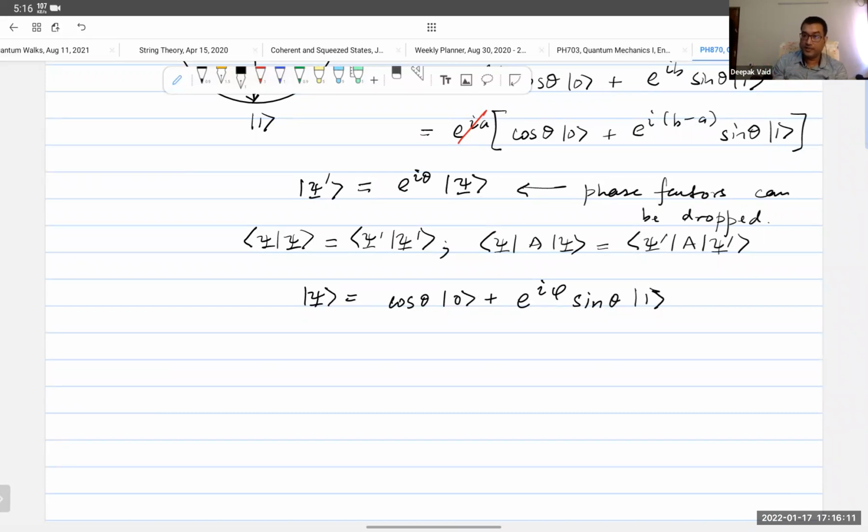You can always normalize the state, right? It is the relative length of the components that matter, and the length squares of those components always add up to 1. Okay, is this fine?